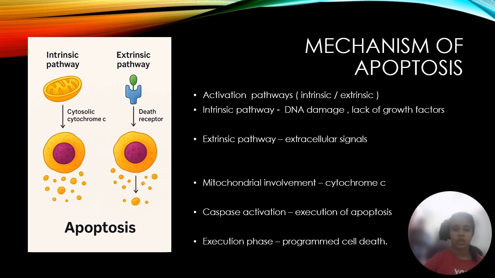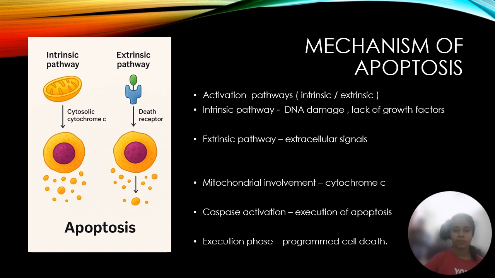When you activate your pro-apoptotic effector proteins, that is BAX and BAK, they will oligomerize, change shape, and form pores in the outer membrane, and there is a release of cytochrome C. So the cytochrome C will go on and activate your caspases.